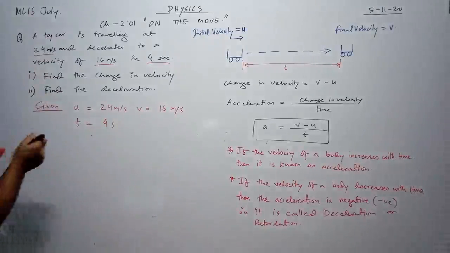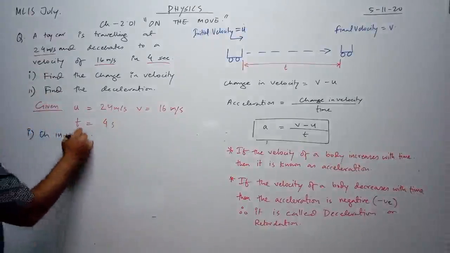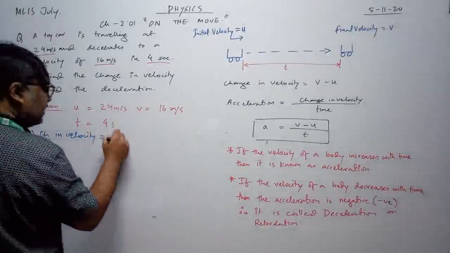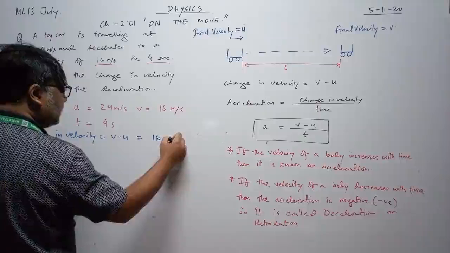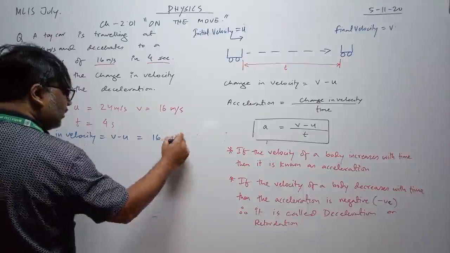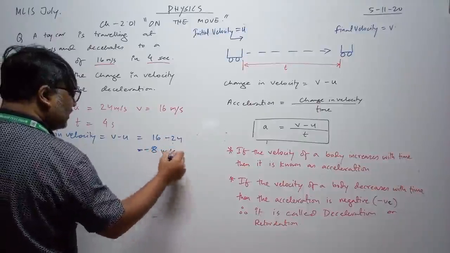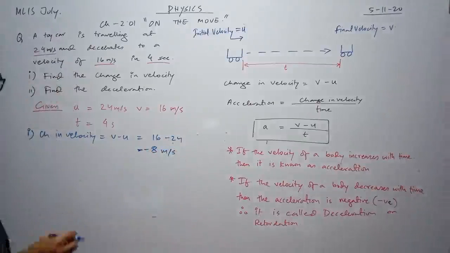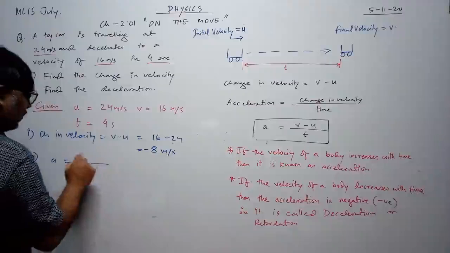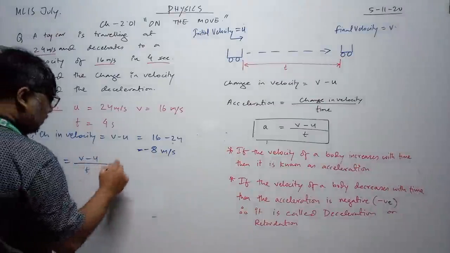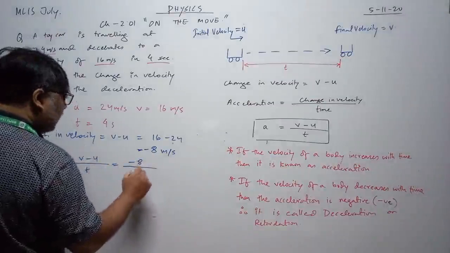So from this, change in velocity is v minus u, that's 16 minus 24, that should be minus 8 meter per second. And I'll calculate acceleration a equals v minus u by t, which is minus 8 by 4.